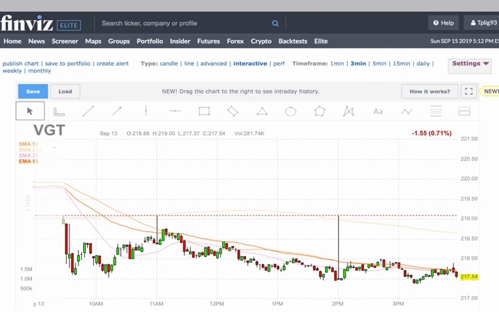The first candle will be from 9:30 a.m. to 9:33 a.m. That red candle was between 9:36 a.m. and 9:39 a.m., because it's a 3-minute candle. At the start of that time period, the price was there, and at the end of that time period, the price was at the bottom of that red candle. And it will be vice versa for a green candle.